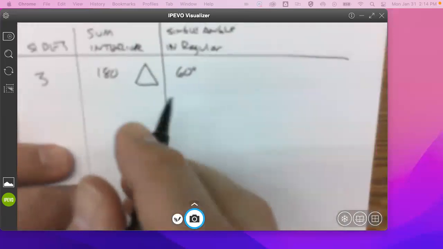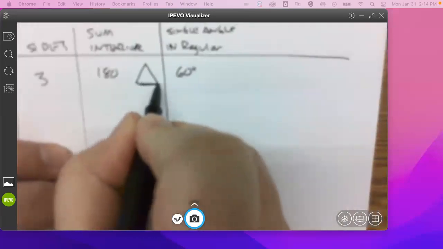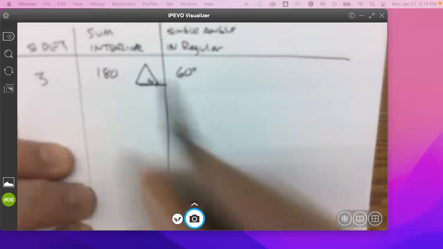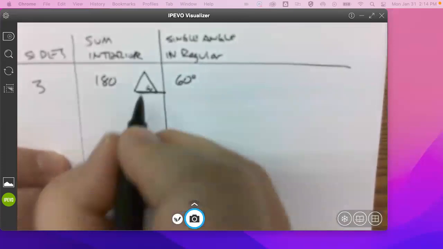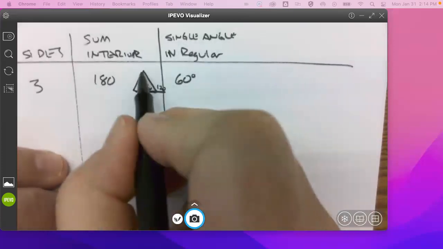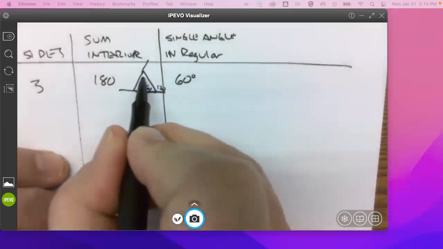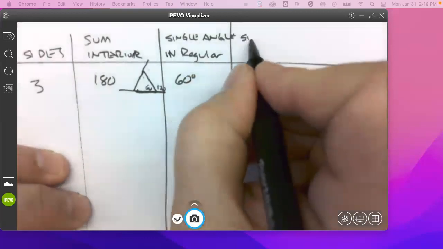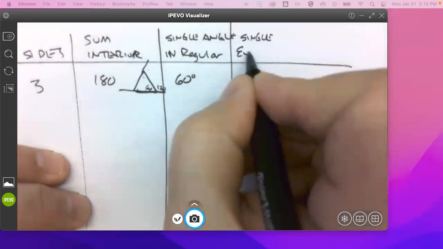So if I come back up here and I say that this goes out, this is 60 degrees here, how big is this exterior angle? 120. Good, 120. And if this were a regular polygon, all of these would be 60 and all these exterior angles would be 120, right? Single exterior angle.